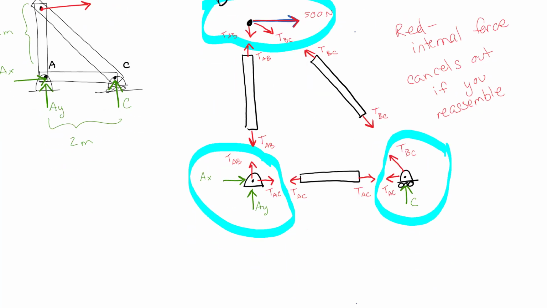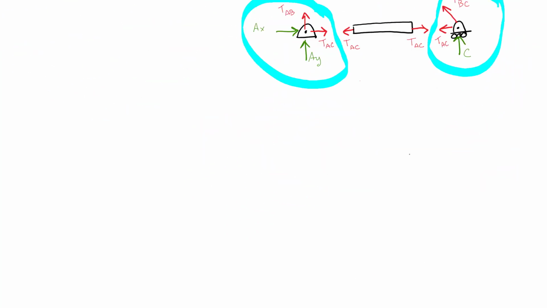If we go here, we'll start with a nice fresh piece of digital paper. So joint B: we've got the 500 newtons that is known, and we have the tension AB, and we have the tension BC.